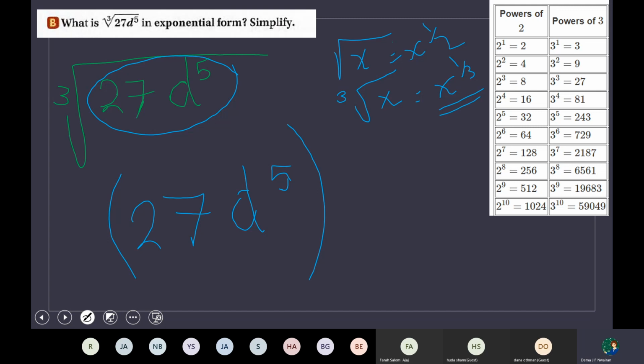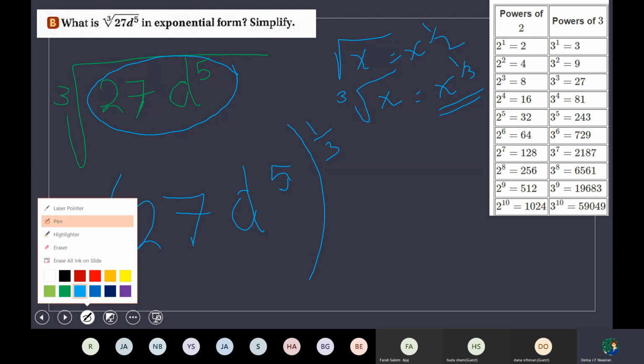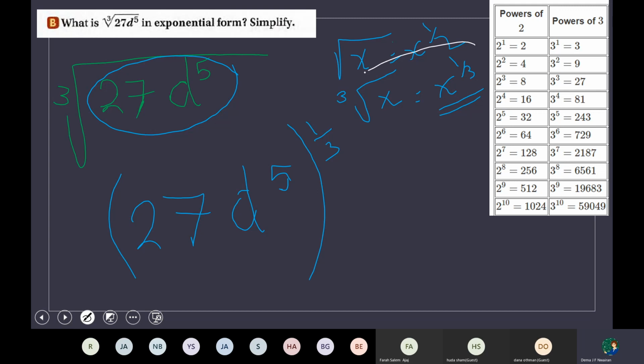So here, if you have the cube root of 27d to the power 5, it will be 27d to the power 5 raised to the power 1 over 3, like x.